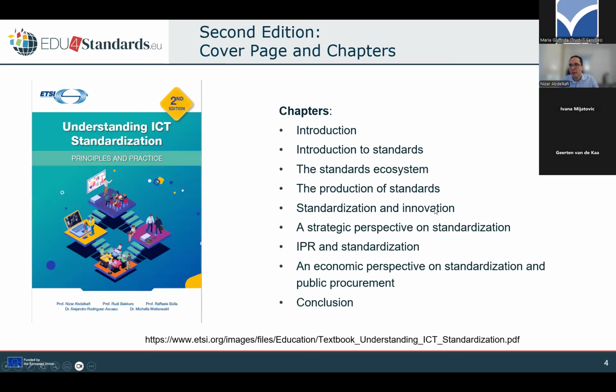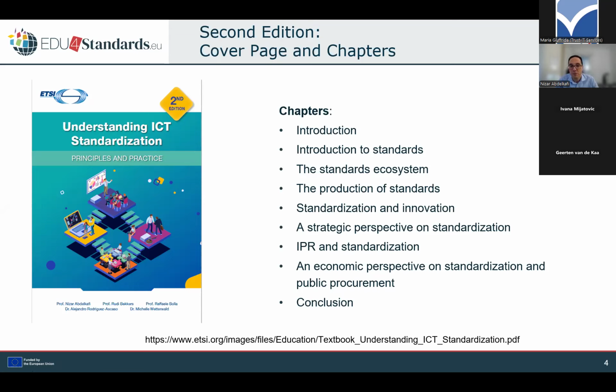Now you can see here the cover page of the textbook, and also the main contents, the main chapters that we included. So we start, of course, with an introduction to standards. In the introduction, for example, we deal with the advantages and the limitations of standards.